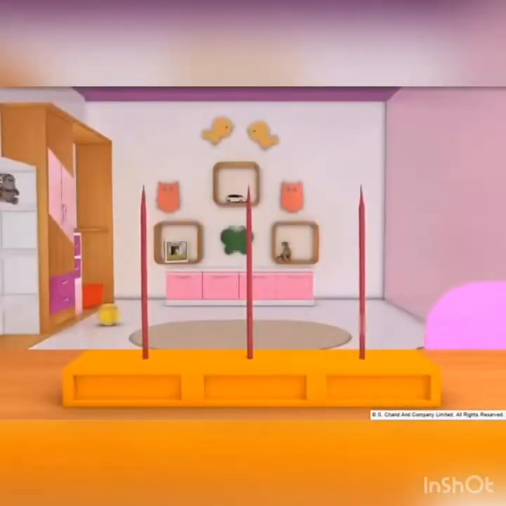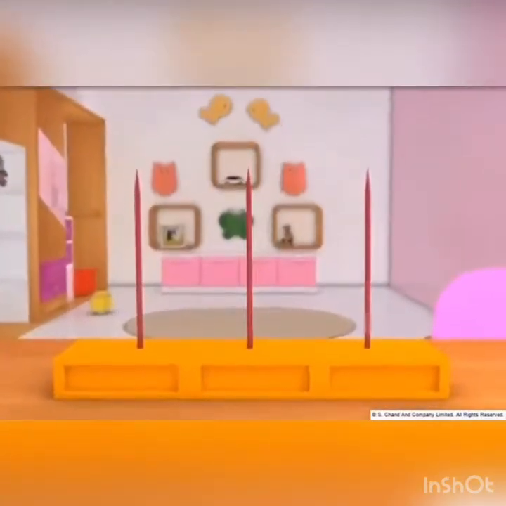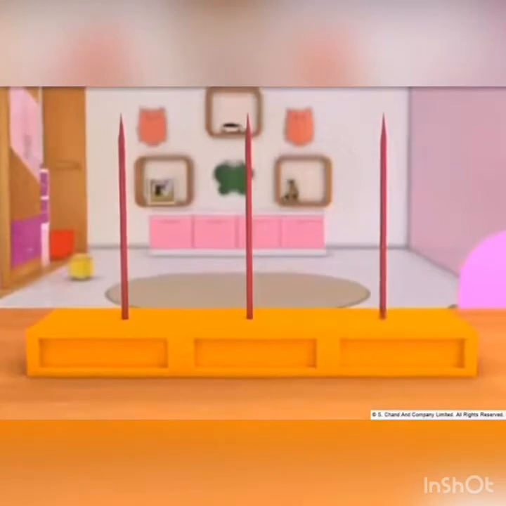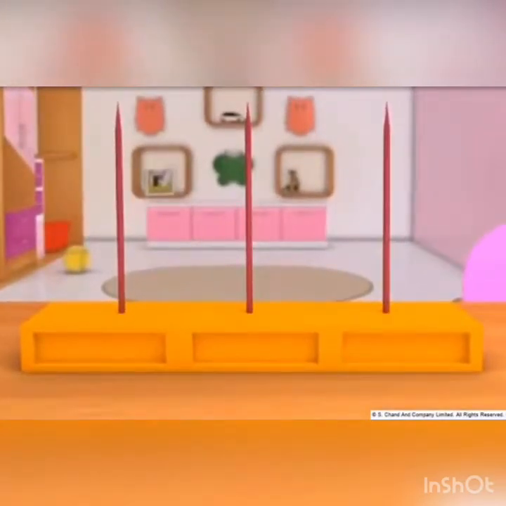Let us push the wires into the block of plasticine so that they stand upright as shown. We mark the wire on the extreme right-hand side as ones. Next, we mark the wire to the left of the ones as tens and the wire to the left of the tens as hundreds. Our abacus is ready.